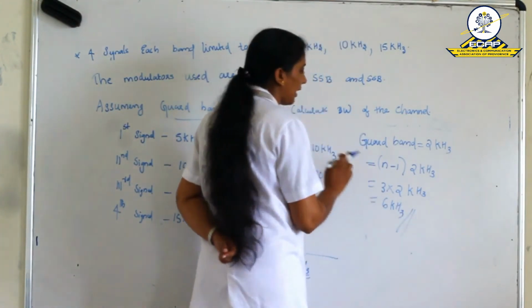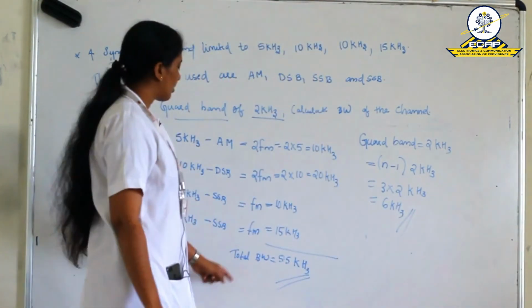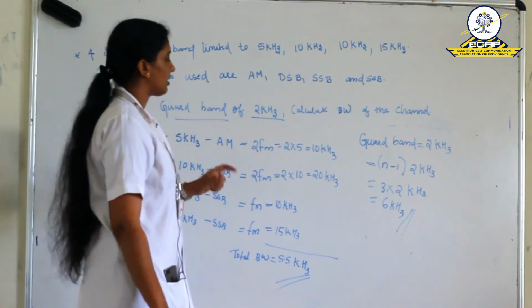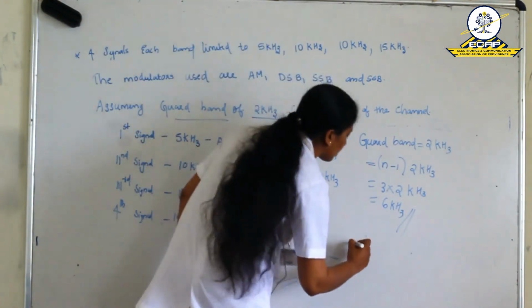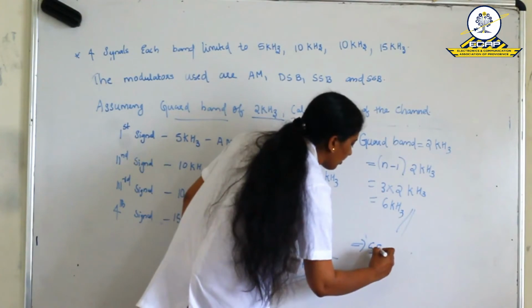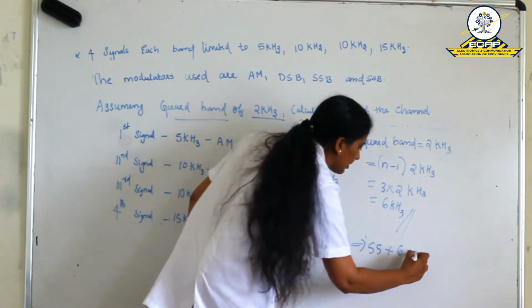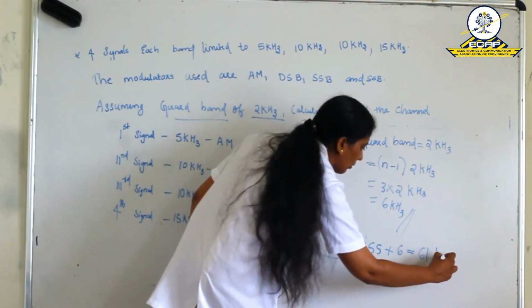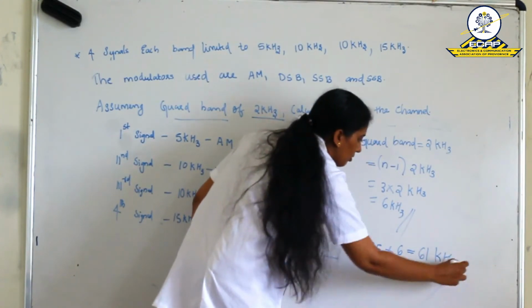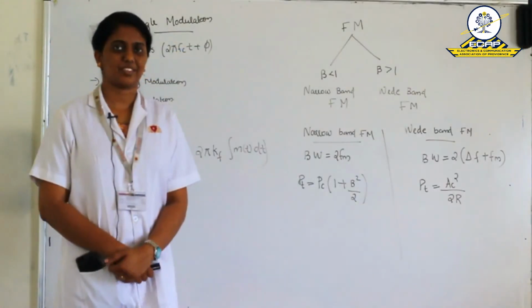This is the bandwidth for the guard bands. So the total bandwidth of the entire system is 55 plus 6, that is 61 kHz. This is the total bandwidth after modulation.